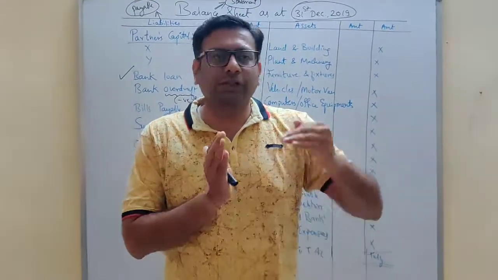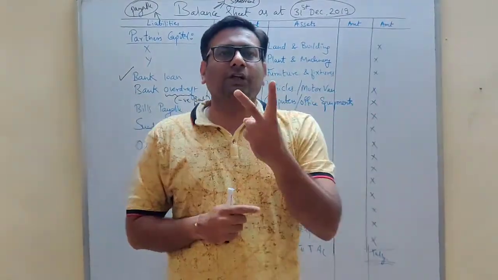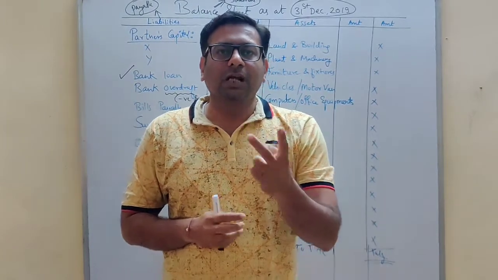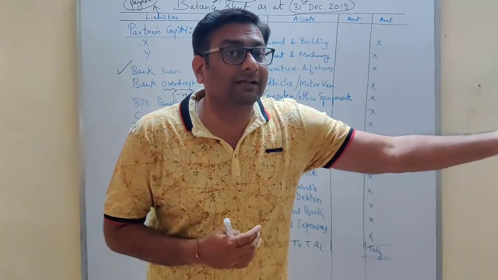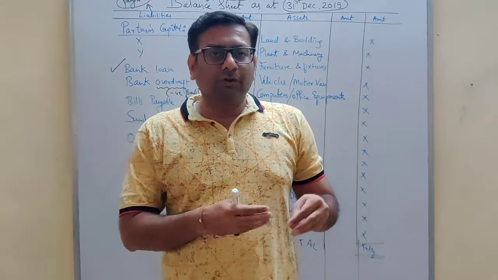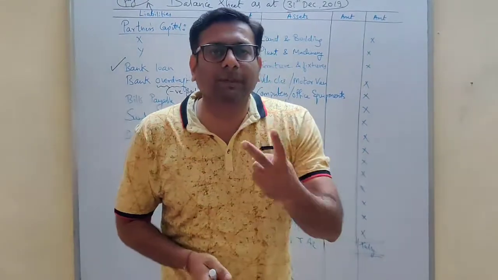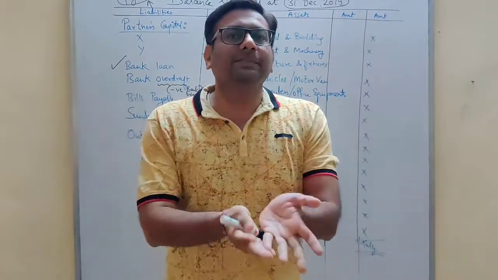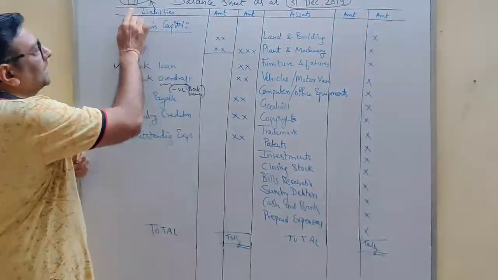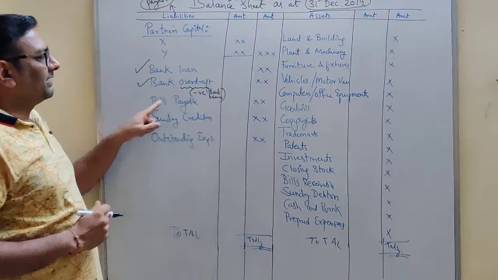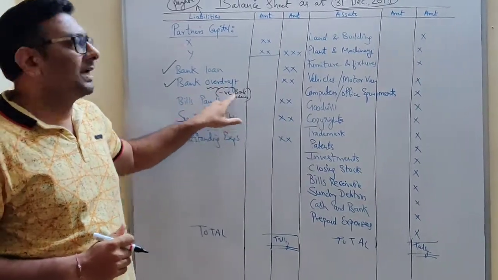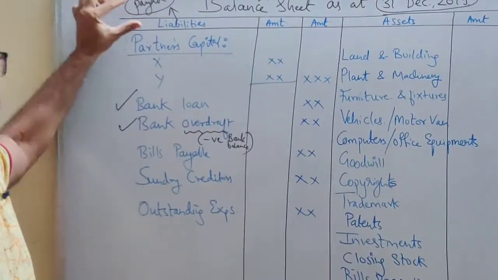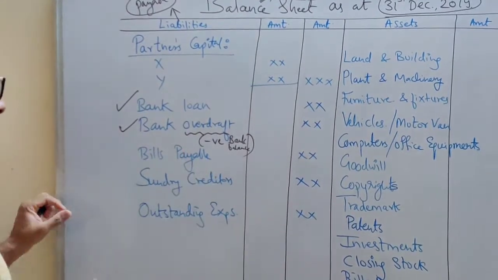You had 10,000, you paid 12,000 by check. So how much is payable to the bank? In a few days you will have to go to the bank and pay your negative balance of 2,000. When I say you have to pay, it is payable, so it is your liability. So always show your bank overdraft, the negative bank balance, as payable on the liability side of your balance sheet.